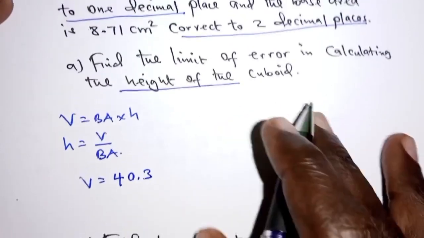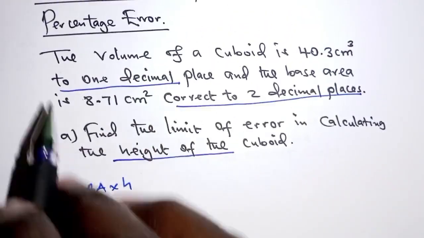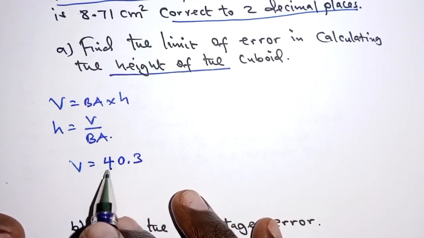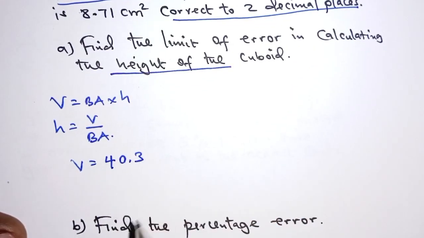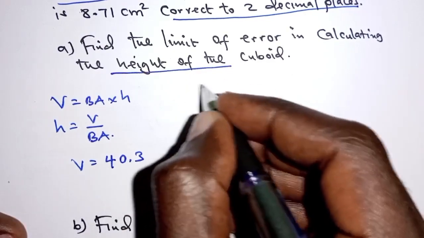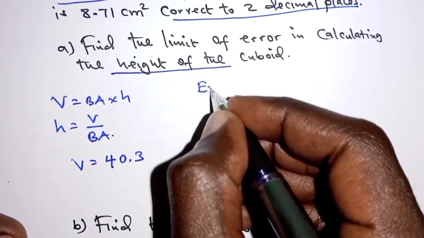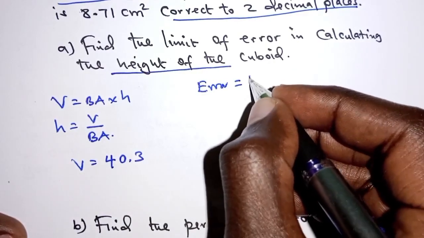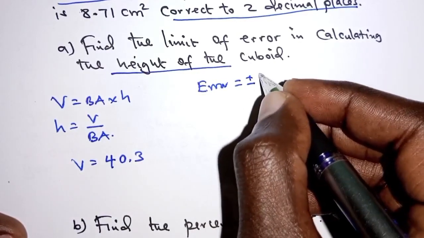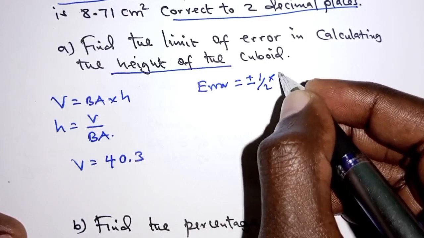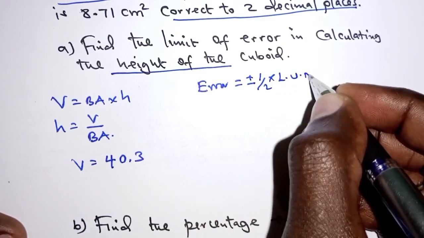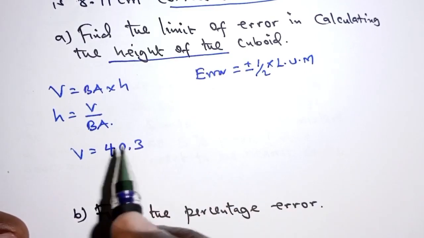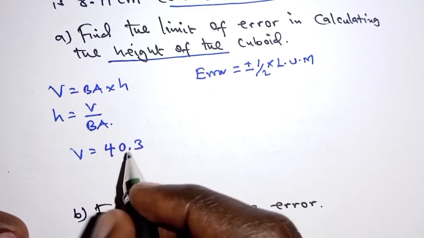So the limit of error in calculating height of the cuboid will be based on the volume, which is 40.3. We're told that is to 1 decimal place, and even if we were not told, we can see already it's to 1 decimal place. So error is usually calculated as plus or minus a half times the least unit of measurement. The least unit of measurement here is 0.1, since it's to 1 decimal place.